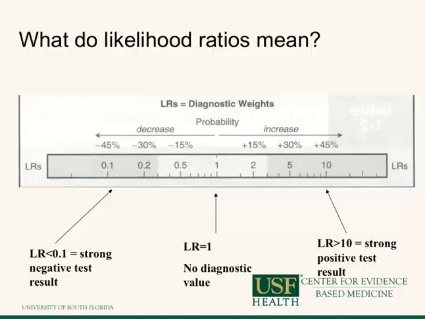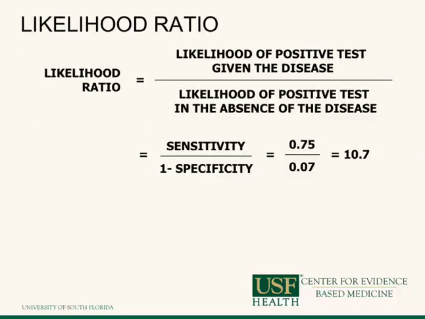So it means it doesn't add any value. If the patient is positive, a likelihood ratio of greater than 10 means it's a very strong positive test. If it's less than 0.1, it means it's a very strong negative test. Okay? Interpretation-wise, that's it. Here is the formula, okay? But I'll show you the usage actually. How do we use it?